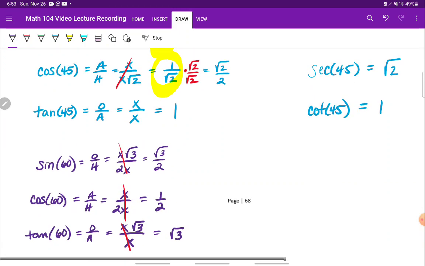All right, now that we have these three, let's get the reciprocals. So cosecant of 60 degrees is going to be the reciprocal of square root of 3 over 2. So that's 2 over square root of 3, which we will rationalize. We get 2 square root of 3 over 3.